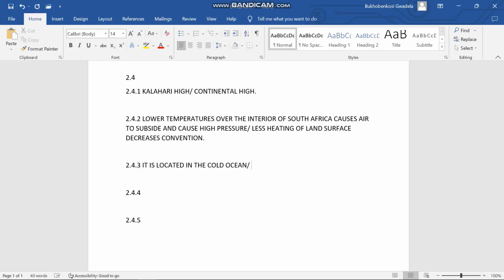Or you can say the subsiding air does not release moisture. You know that in winter there is subsiding air that heats automatically, which is going to cause high pressure in the interior of South Africa. So that air does not release moisture. It's very dry.